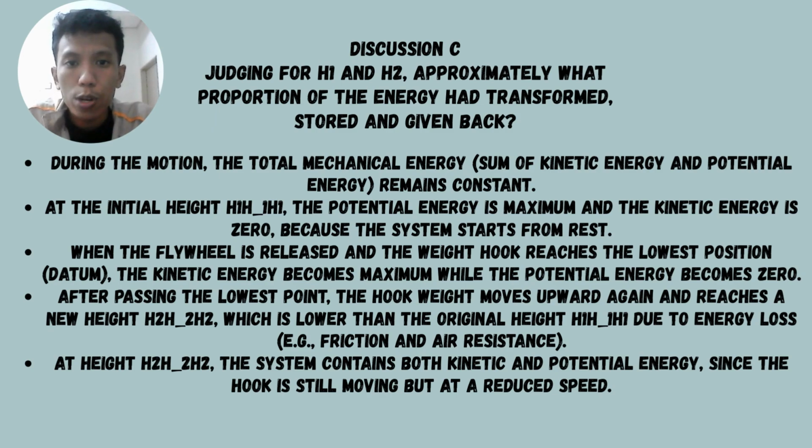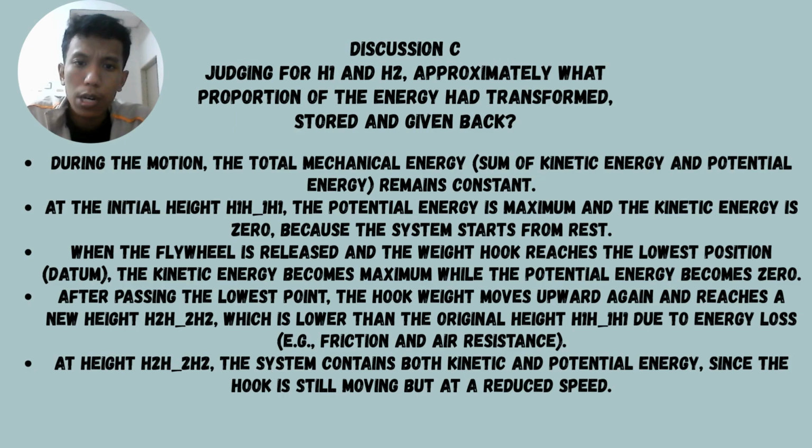So we move to discussion C: judging from H1 and H2, approximately what proportion of the energy was transformed, stored, and given back? During the motion, the total mechanical energy, the sum of kinetic energy and potential energy, remains constant. At the initial height, the potential energy is maximum and the kinetic energy is zero because the system starts from rest.